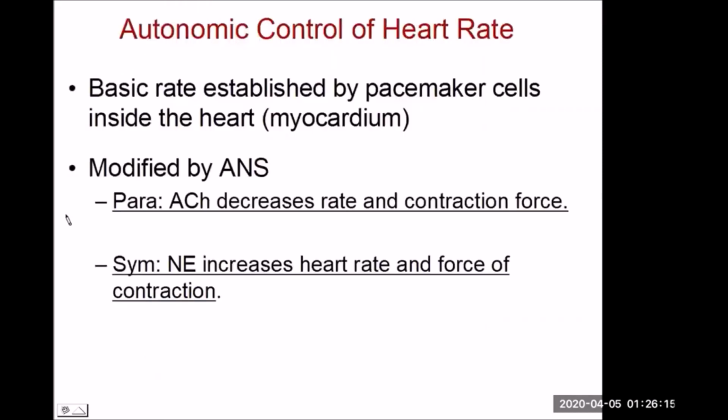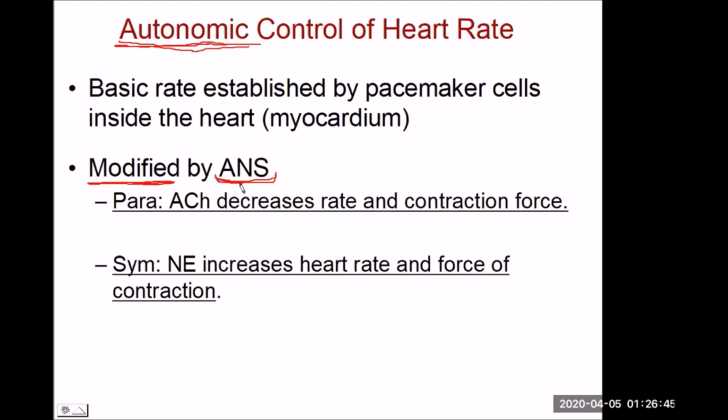So yes, the heart does have its own intrinsic conduction system. However, it is now modified, that's the key word, so it could be regulated, upregulated or downregulated by what's known as the autonomic nervous system. So our nervous system, our brain, of course, has now a way to speed up the heart rate or slow down that intrinsic system.